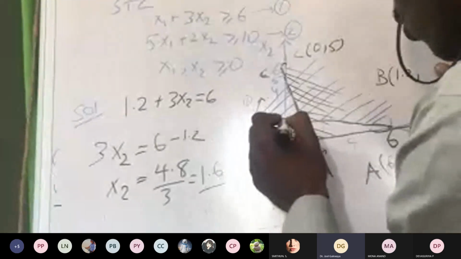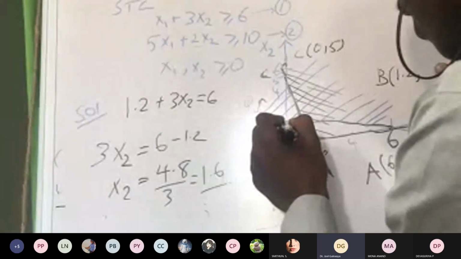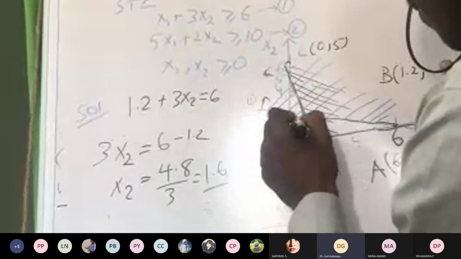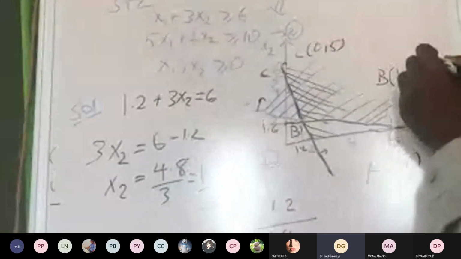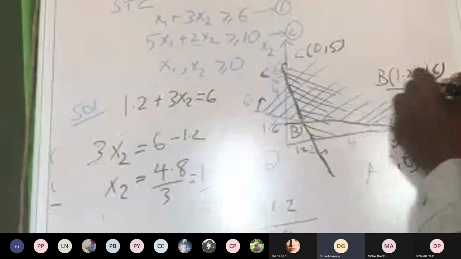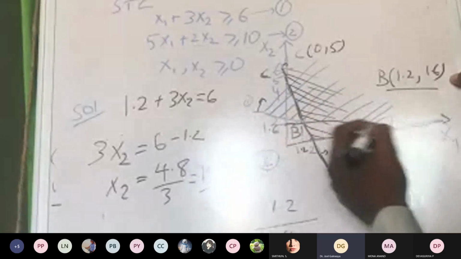So as you can see, x2 is equal to 1.6. You can locate this one. So it's 1.2 comma 1.6. Now we want to find, now we want to do what?